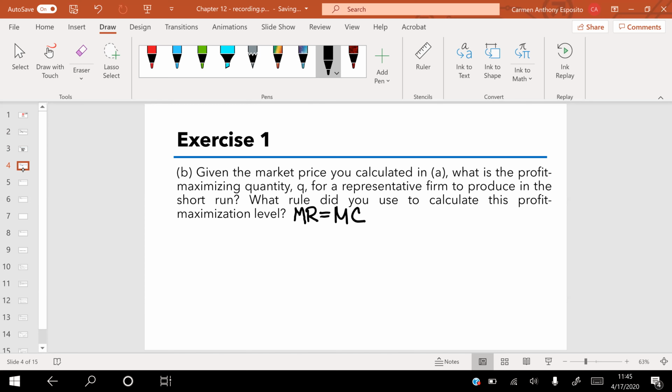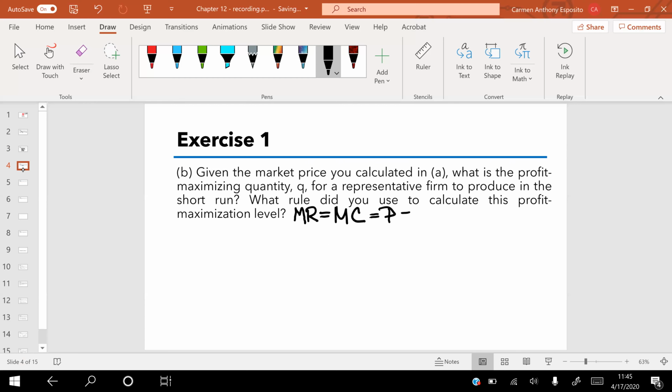If you keep getting additional benefits, you're going to want to keep producing. And if your marginal cost exceeds your marginal revenue, that's costing you more than the additional benefit. And so you want to stop when marginal revenue equals marginal cost. But in this type of model, we always set marginal cost equal to price.